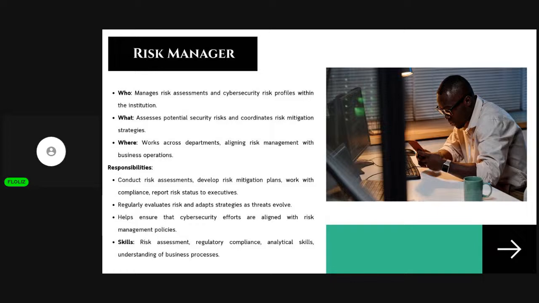Take, for example, a department like IT will be facing risk related to cyber threats, while that of HR may be facing insider threats, people within the HR department collecting employees' records and sharing them. So the risk manager has to work across various departments because every department will be facing different forms of risk based on the nature of data they handle on a day-to-day basis.